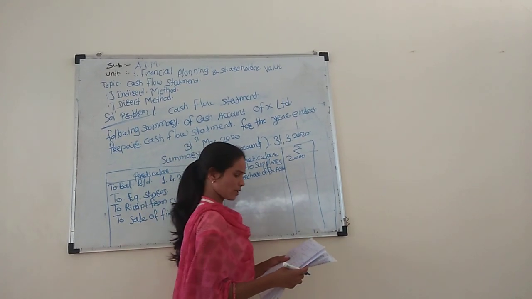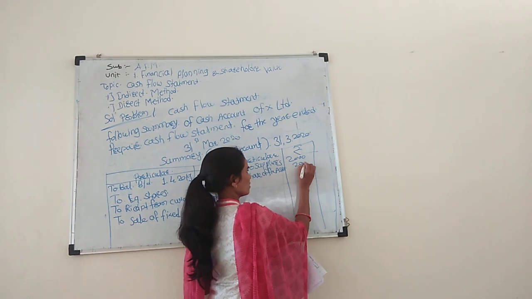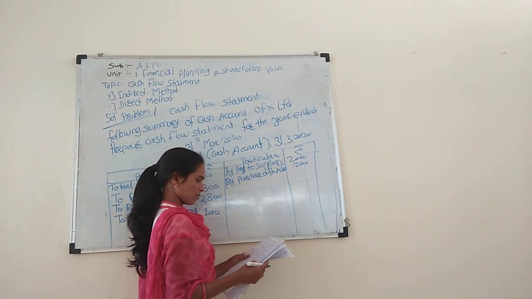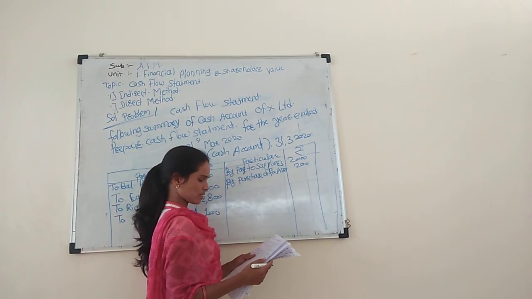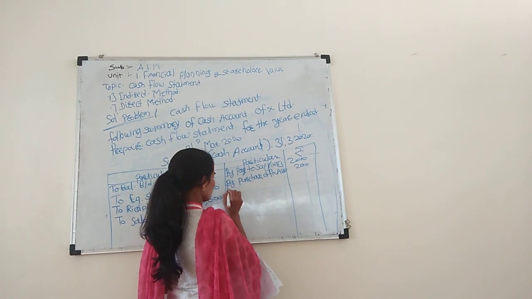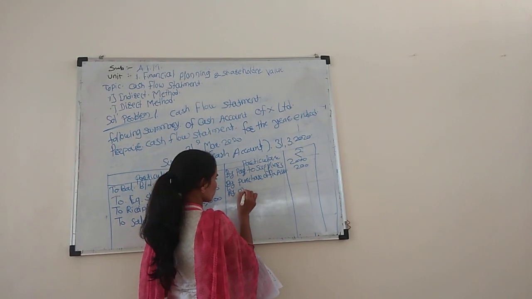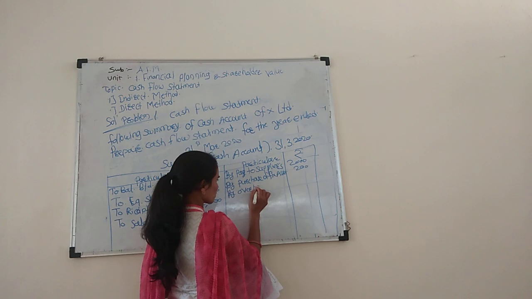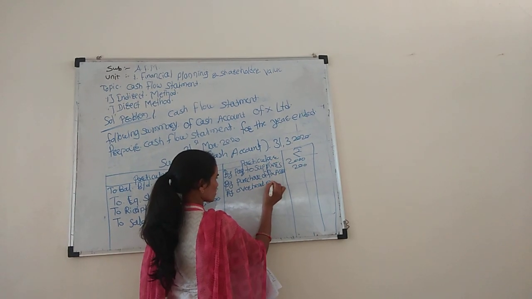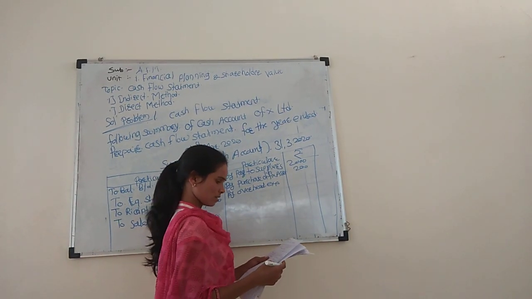By purchase of fixed asset: 200. By overhead expenses: 200.